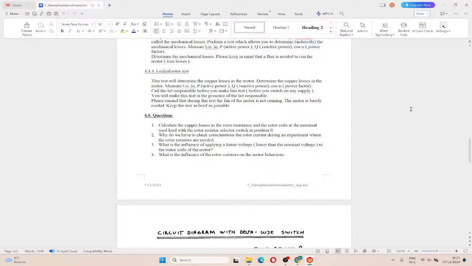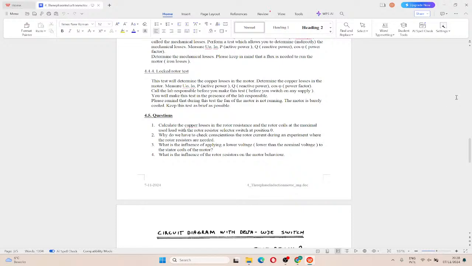Oh, I think I understand. There are two ways to get the friction loss. One is that it's equal to P total minus P iron loss. That's one way. Another way is to short circuit it and directly measure the mechanical loss. The other way means we have to short circuit something and change the circuit.